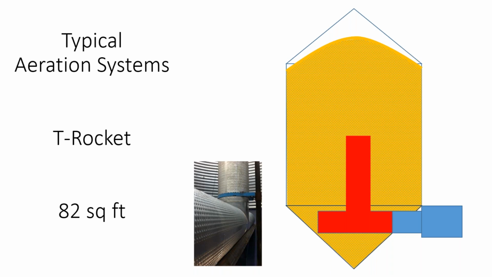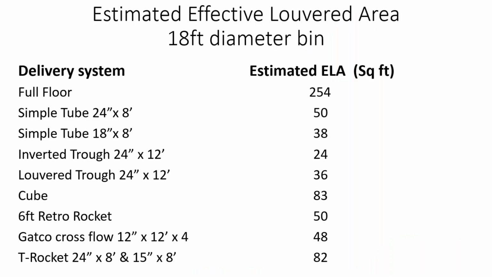And the last item is the T-rocket. This is a modified rocket that Wilde Ag Ventures has been developing, and really all it is, you tee into your simple tube with a vertical 18-inch, or actually in this instance it's a 15-inch vertical rocket, 8 by 15, and you can see you basically are adding to this 50 square feet, and you're getting an additional 32 square feet.